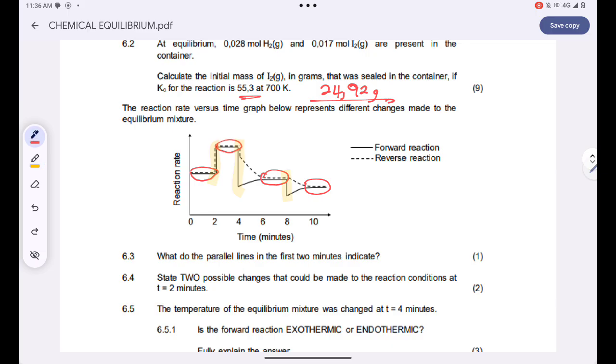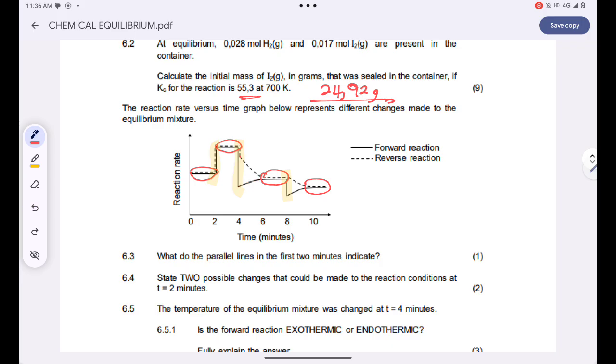So I can see that the change only happens at 4 minutes. But after the change has happened, I can see that my reverse reaction is favored because it decreases. Are you together? It decreases and the forward reaction increases over there.